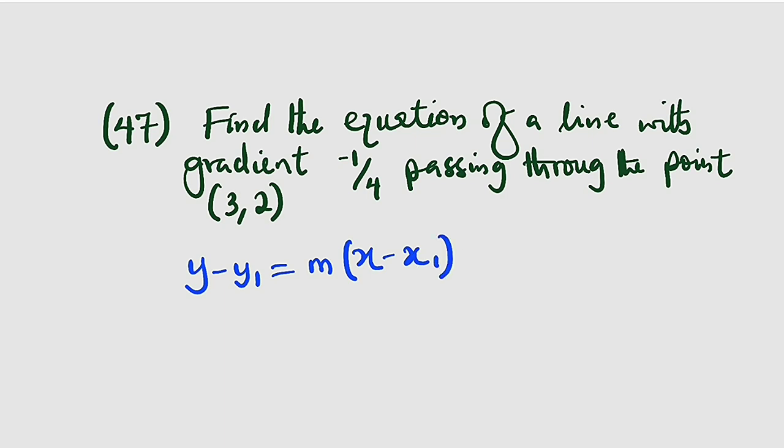Since we are given x1 and y1, we can apply this, and also the slope is given, which is the gradient. So let's substitute. We have y minus y1, which is 2, equals the gradient -1 divided by 4 multiplied by x minus x1, which is 3.